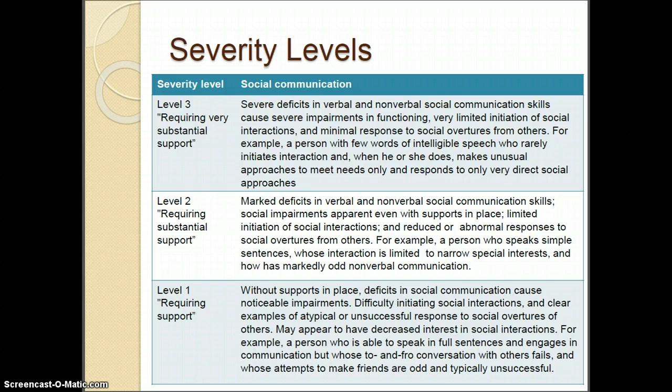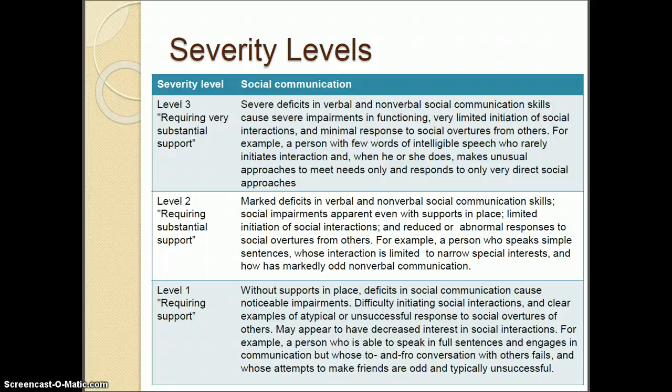So if an individual is at a level 3 when they're diagnosed, you're going to be seeing severe deficits in verbal and nonverbal social communication skills, and these are going to cause severe impairments in functioning. So this is where you're going to think of people who have very limited use of language, if any use at all, and they are severely impaired in their ability to interact with others in any sort of communicative fashion.